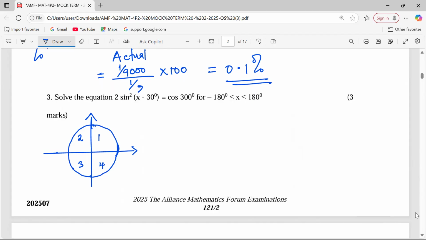For us to get an angle of 300 degrees, we stand here at 90, 180, 270, then we add 30. After adding 30, we are remaining with 60 degrees at this point.